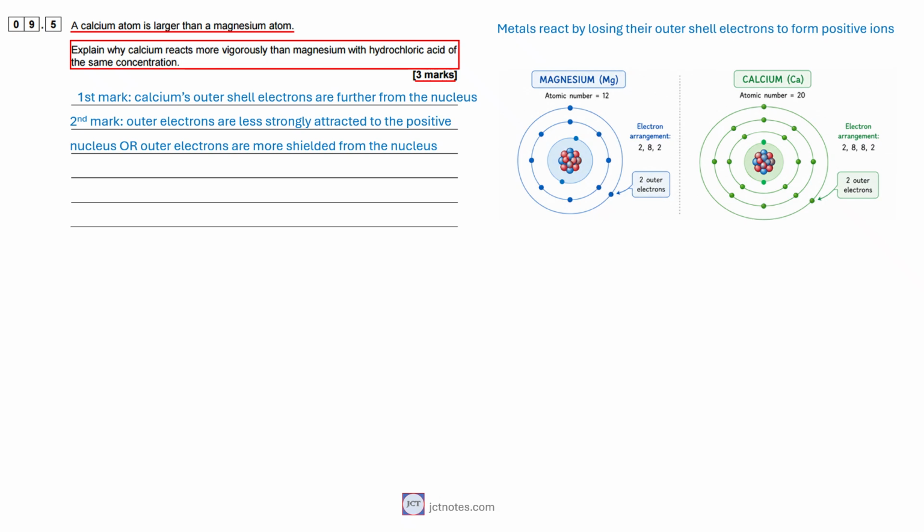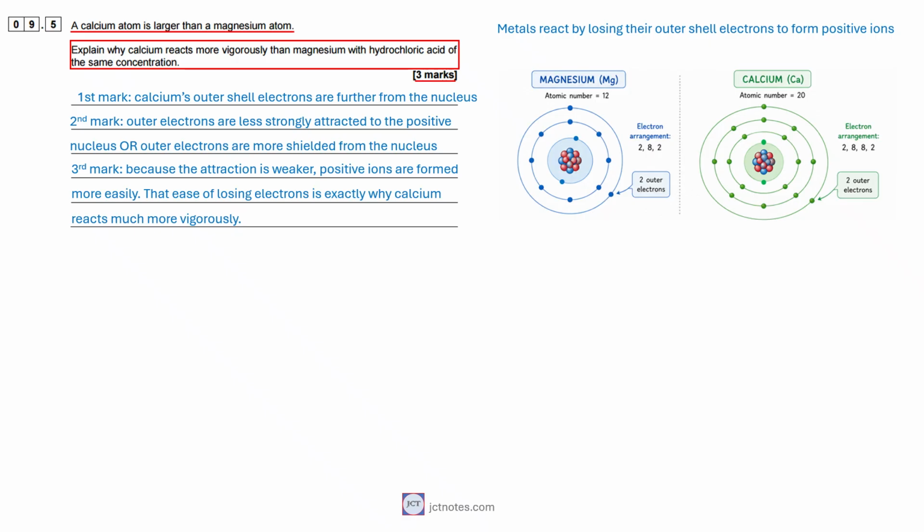Because those outer electrons are further away, the outer electrons are less strongly attracted to the positive nucleus. You could alternatively state that the outer electrons are more shielded from the nucleus. Finally, for the third mark, we link this attraction back to the rate of the reaction. Because the attraction is weaker, positive ions are formed more easily, or you can say electrons are more easily lost. That ease of losing electrons is exactly why calcium reacts much more vigorously.